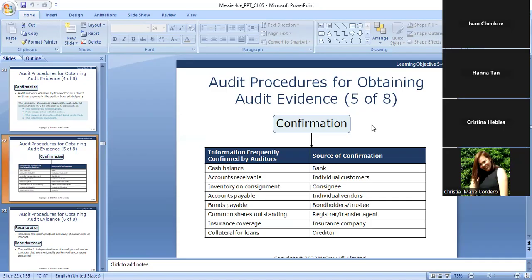If you want to check the insurance coverage, you're going to go to the insurance company. And keep going, keep going, keep going. Anything which is related, you can get it from the third party. You prefer to get it from the third party.